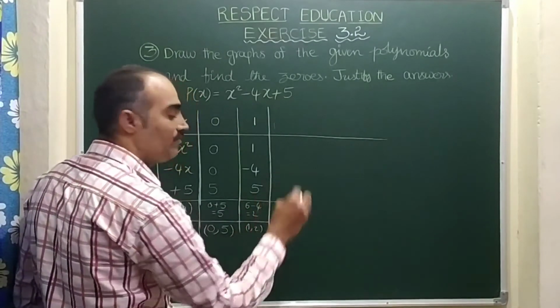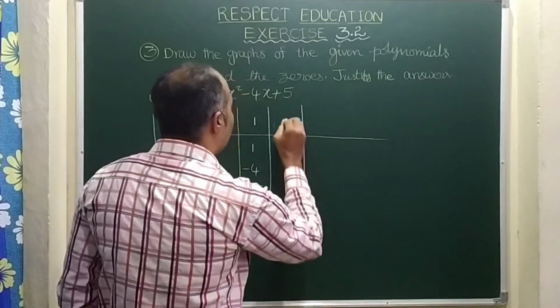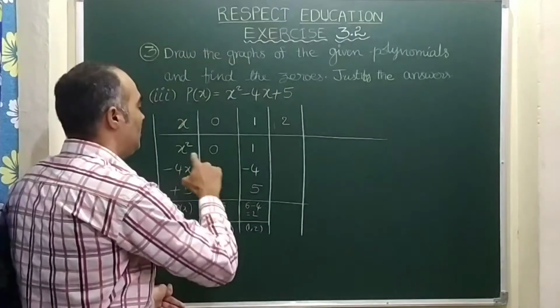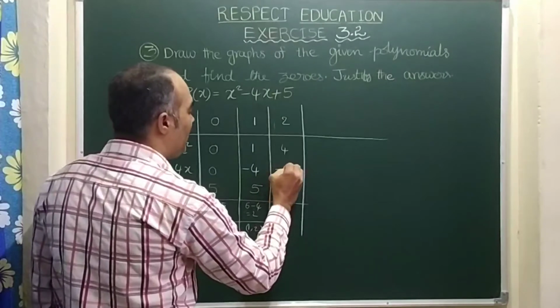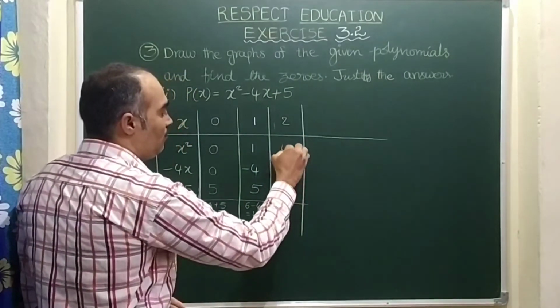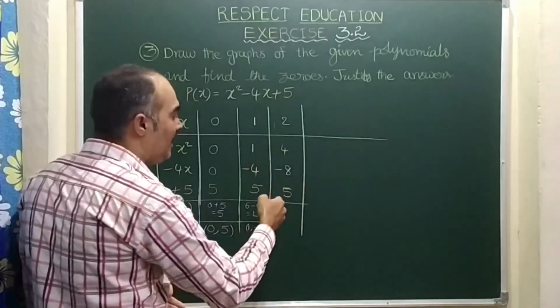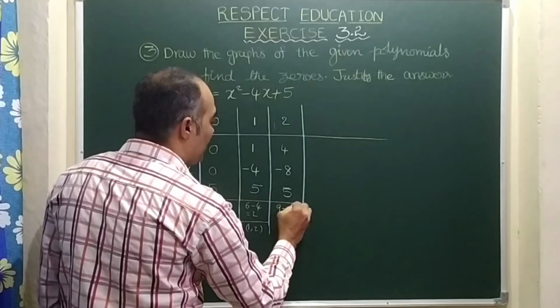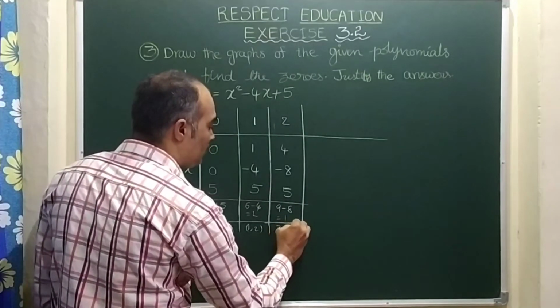Now let us take another value, 2. 2 square is 4. Minus 4 into 2 is minus 8. Plus 5 as it is. 4 plus 5 is 9. 9 minus 8 is 1. Now if x is 2, the corresponding y is 1.